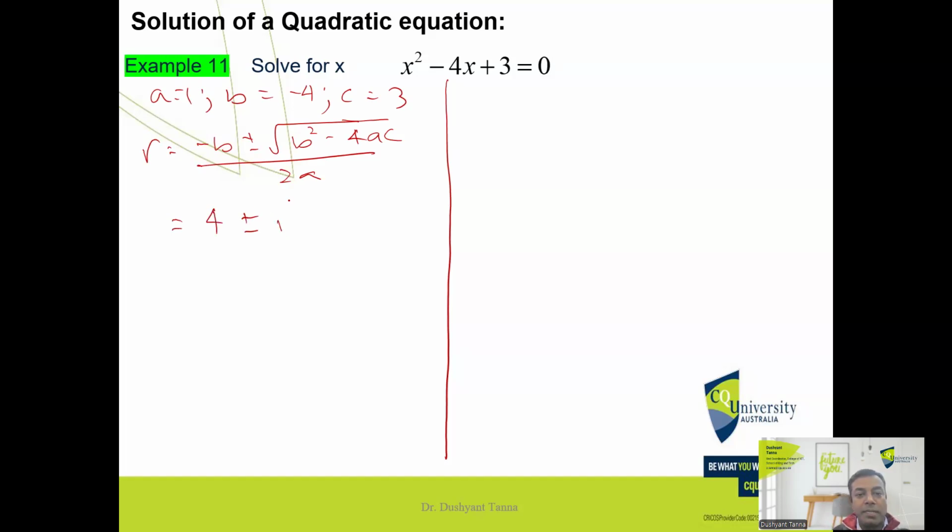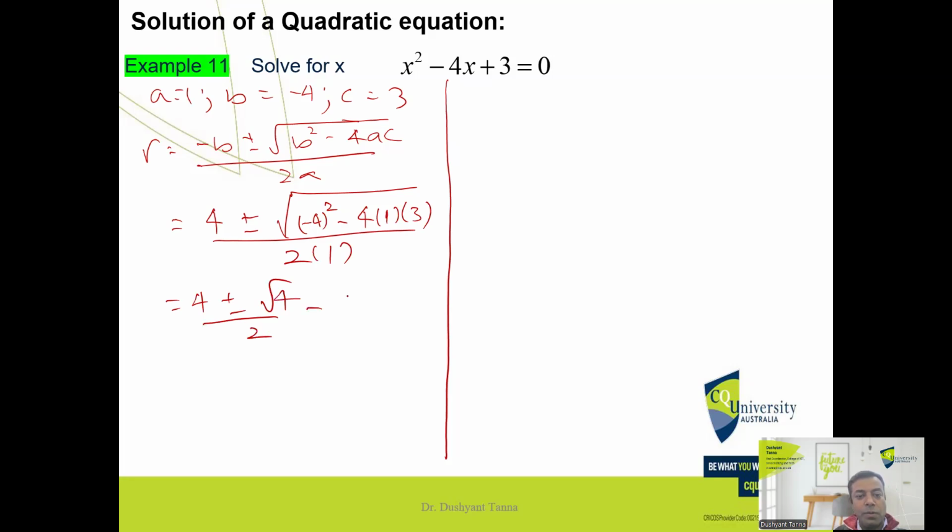So 4 plus or minus the square root of 16, because minus 4 squared is 16, minus 4 times 1 times 3, divided by 2 times 1. This is 16 minus 12, so square root of 4 over 2. 4 plus or minus 2 over 2. That will give you 2 roots: 6 over 2 and 2 over 2. Therefore, x is either 3 or 1.